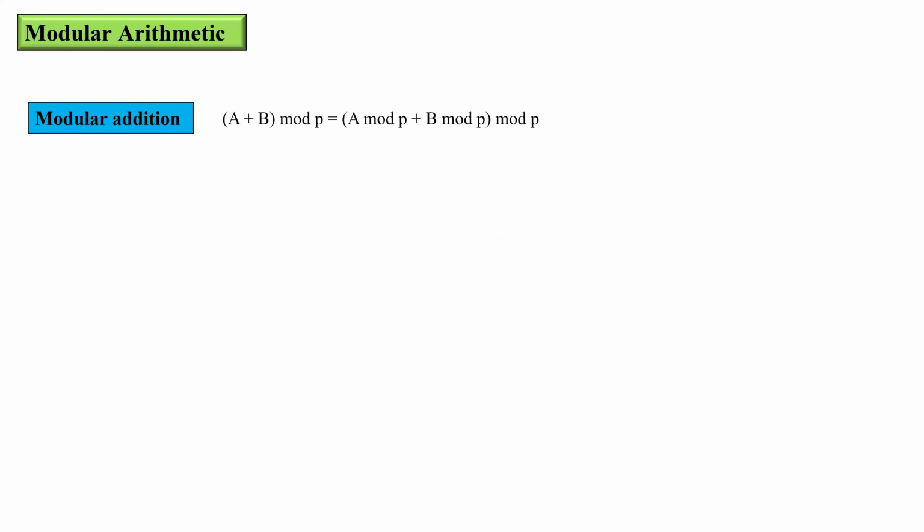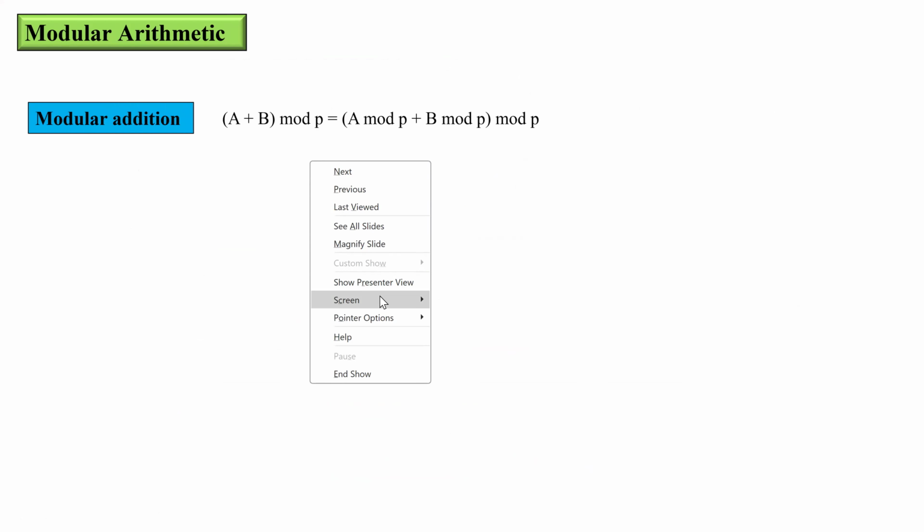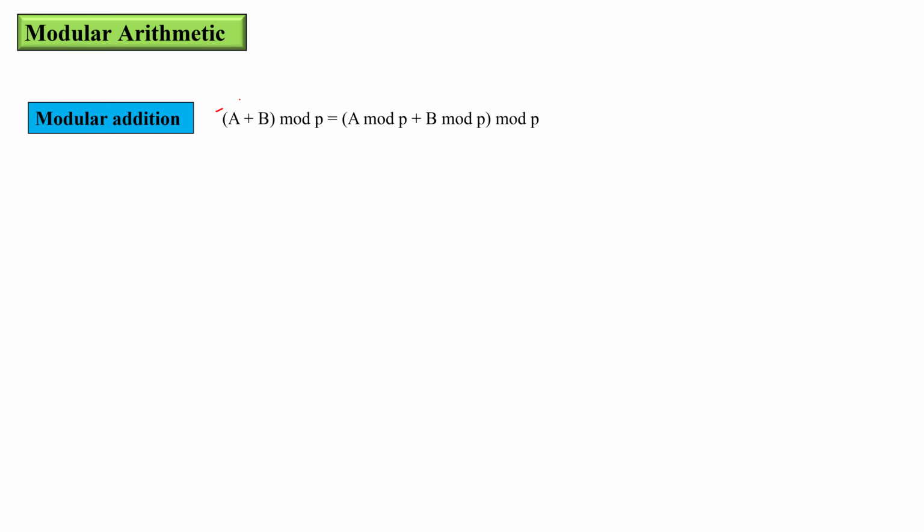The first method, the left side of this equality, says that you can first add A and B to each other and then compute mod P. The second method, the right side, says that you can compute A mod P first and then B mod P, then add these two to each other and finally compute mod P again.